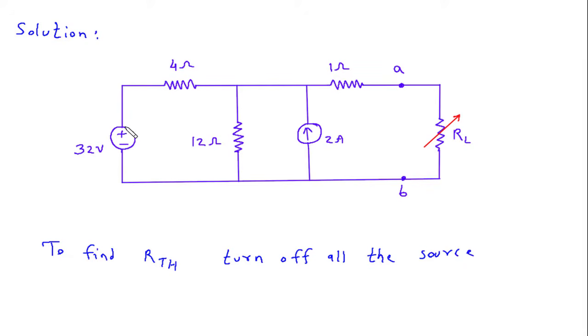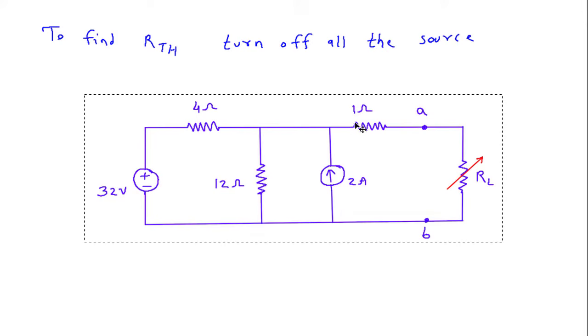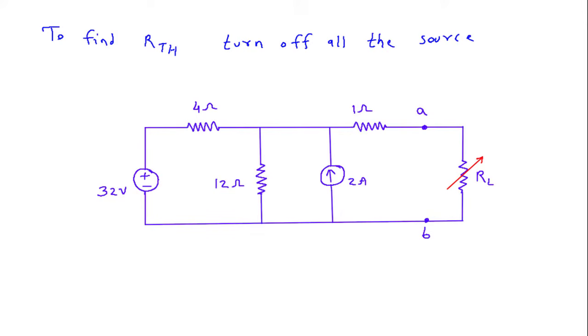So when we turn off the voltage source, this will be a short circuit, and when we turn off the current source, this will be an open circuit.